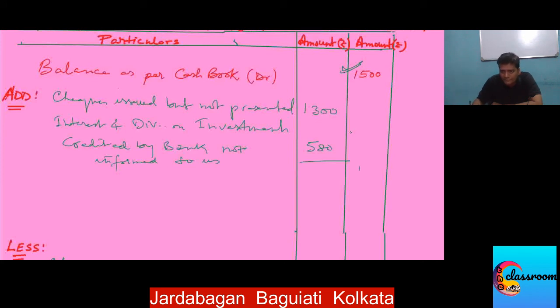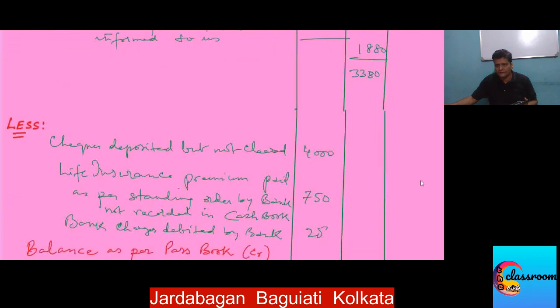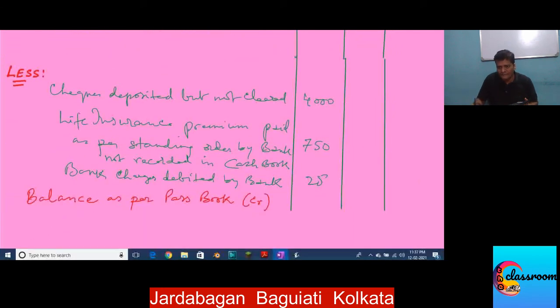1300 and 580, it is 1880. 1500 and 1880 comes to how much? 3380. And then we will subtract 4775.